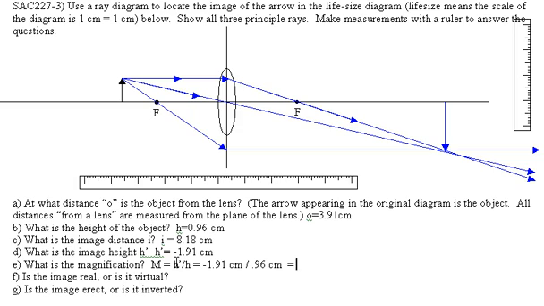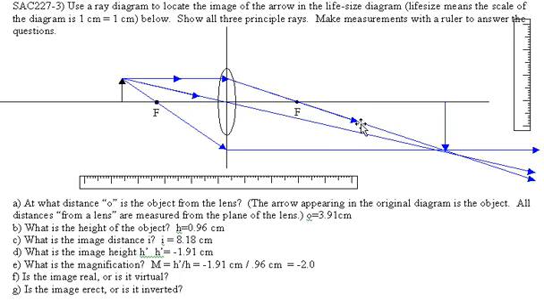So minus 1.91 divided by 0.96, and I get minus 1.99. We're limited to 2 significant figures here, so it rounds off to minus 2.0. The minus sign means it's upside down, and 2 means it's twice as big.